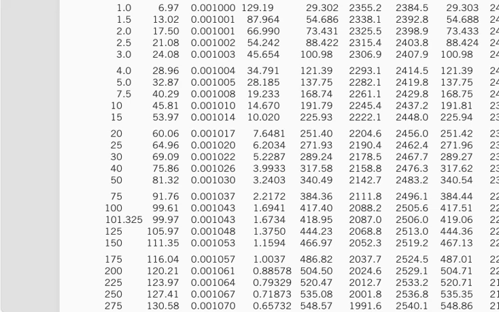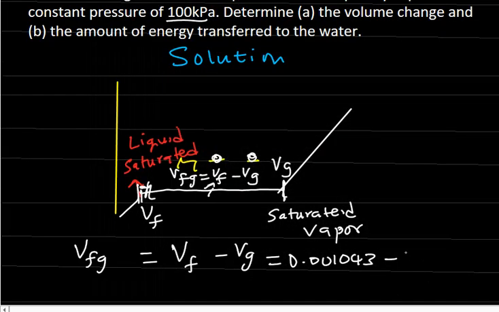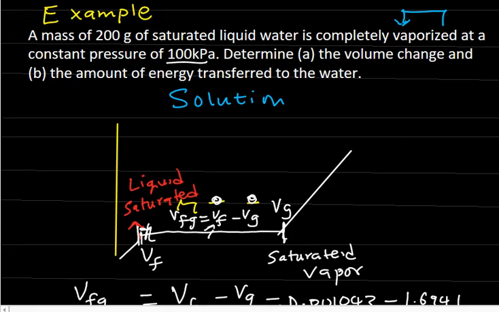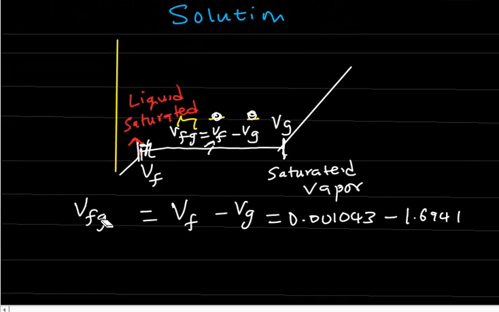which of course is 1.6941. Now in this case, since this is a saturated vapor, what you have is more of vapor. So instead of Vfg, I will do Vgf, because what we have is more of saturated vapor.